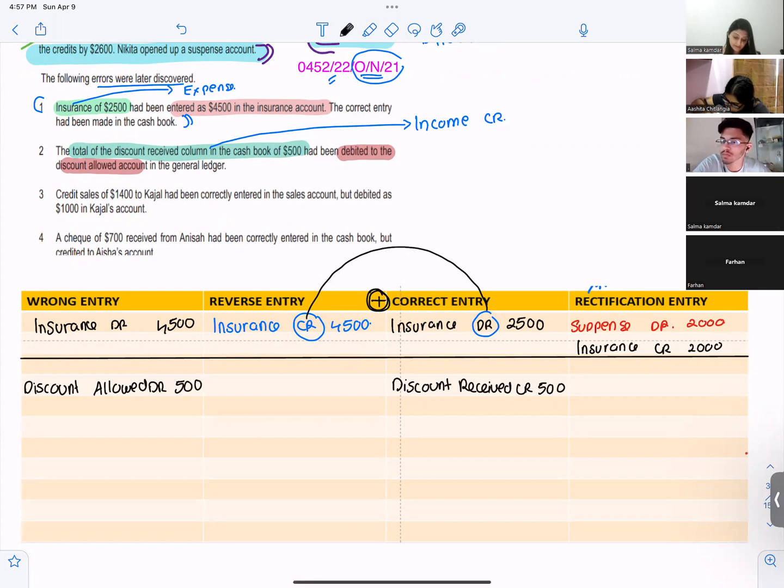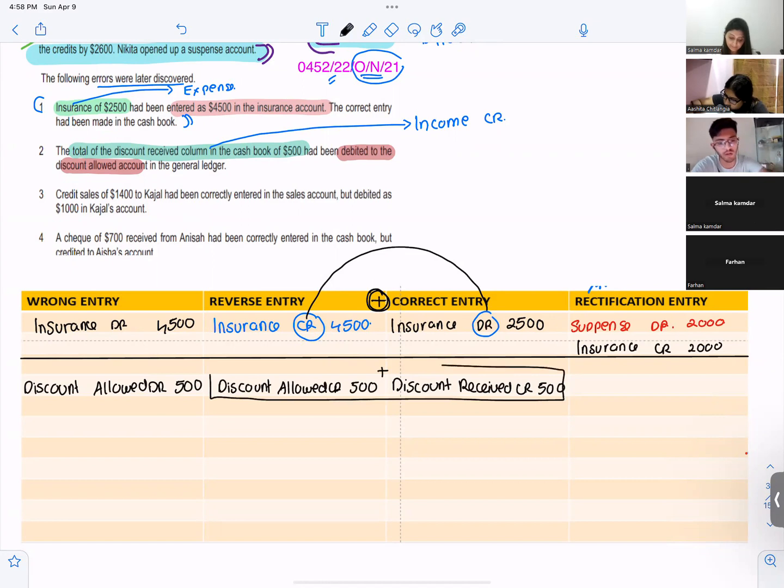What will you do in the reverse? Discount allowed credit. So suspense debit. So you'll add these two entries.